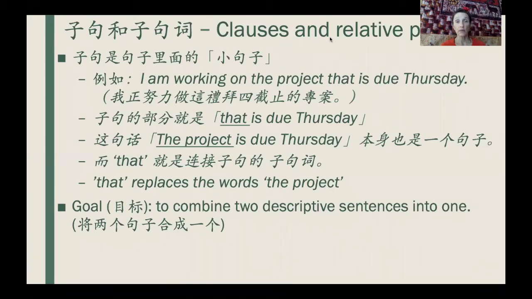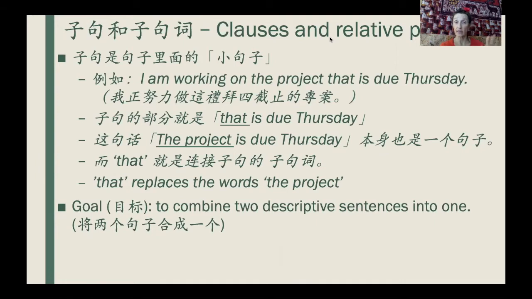So as you see, 这就是句子里面的小句子. So a clause is a phrase. Okay, so another way to put it is a 短语. Okay, it's a sentence inside a sentence, two sentences together. Okay, and the clause word puts the two ideas together.